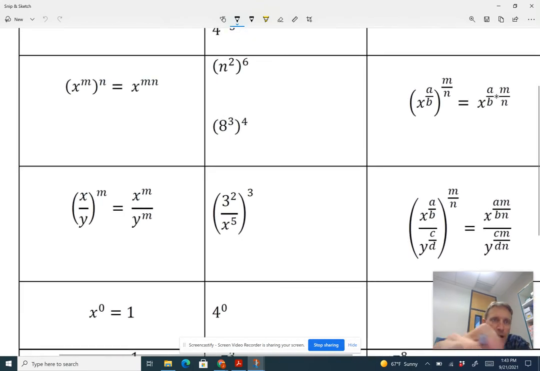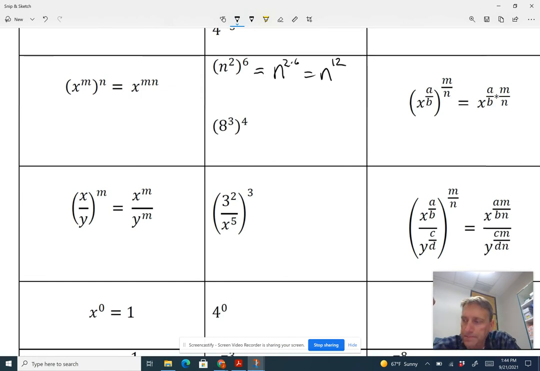You have a power of a power. You multiply the power. So x to the m raised to the nth power is equal to x to the mn, or m times n. So let's see a quick example here. n squared to the 6th power is n to the 2 times 6th power, which is n to the 12th power.